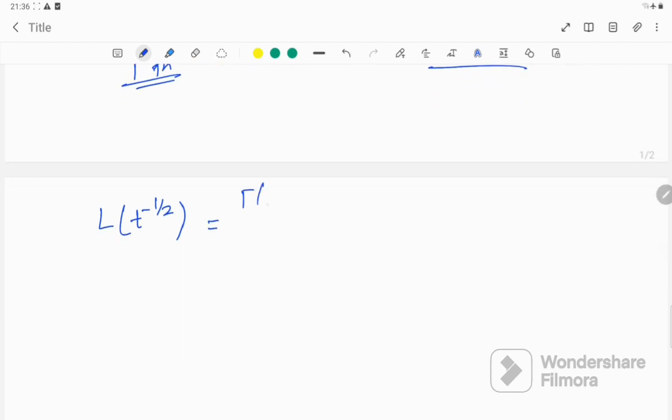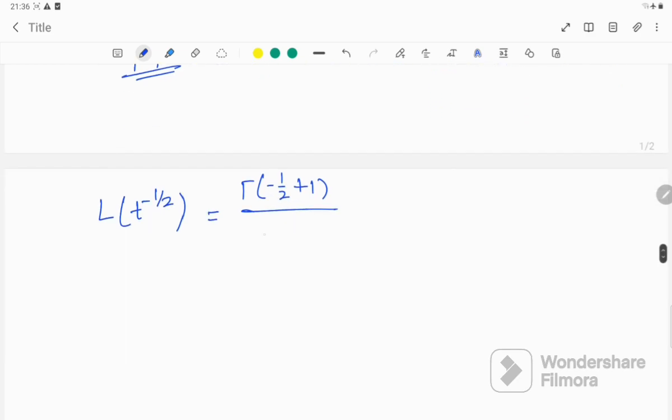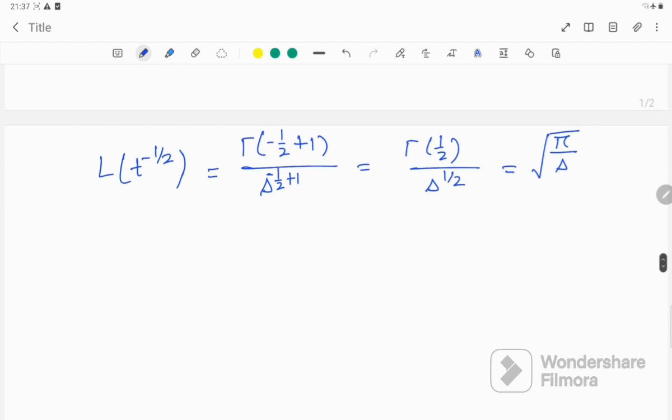So gamma of minus half plus 1 divided by s to the power n plus 1. So minus half plus 1 is half. So this is gamma half divided by s to the power half, and gamma half is root pi. So we can write it like this, root over pi by s. So hope you have understood.